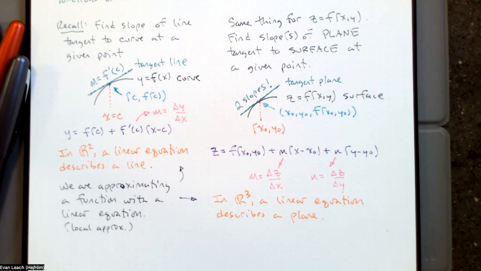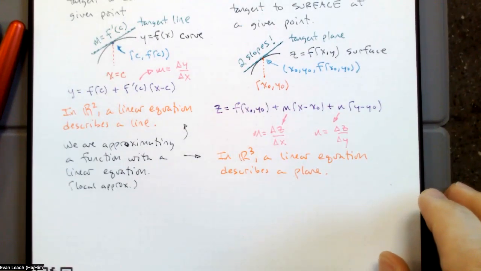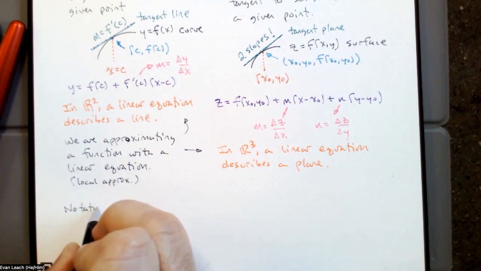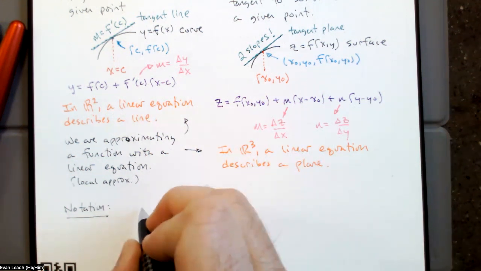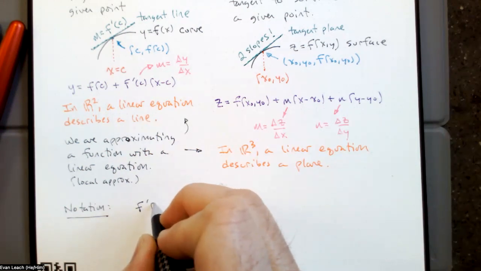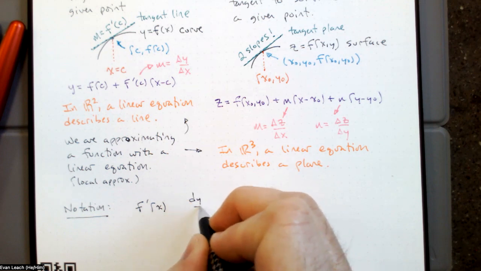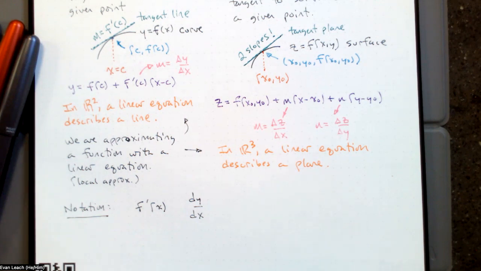We have some notation, because this is math, and we love notation. So we have for derivatives f prime of x, our Newton style notation, and dy over dx, our Leibniz style notation.